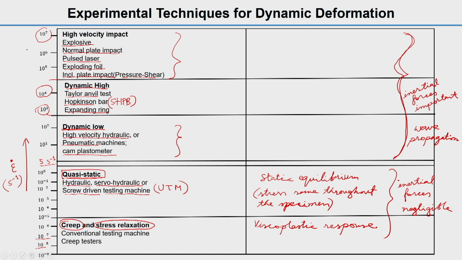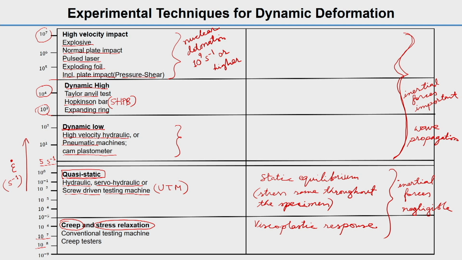And if we talk about nuclear detonation, that is even higher, even 10 to the power 9 per second or more. At such high strain rates, how the material will behave is very difficult to predict.